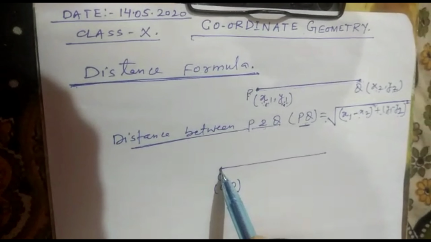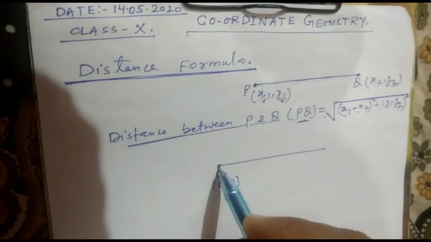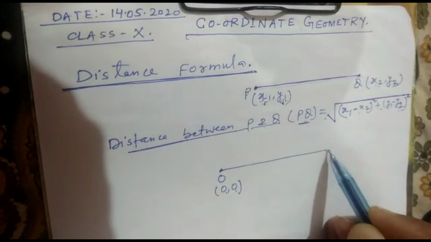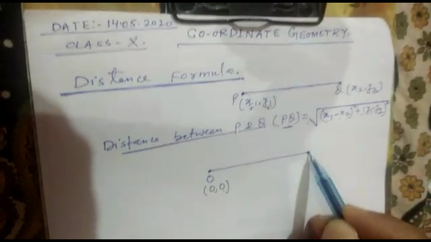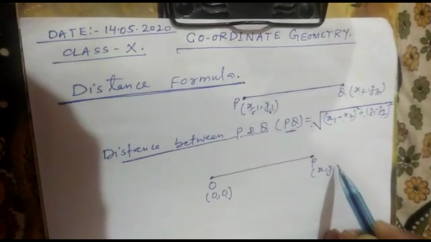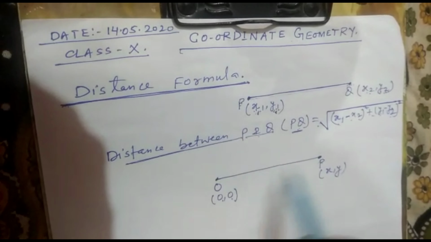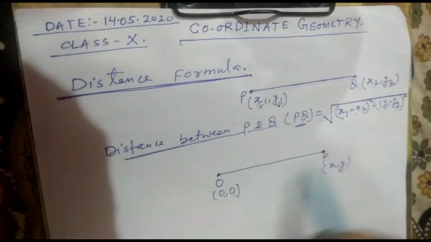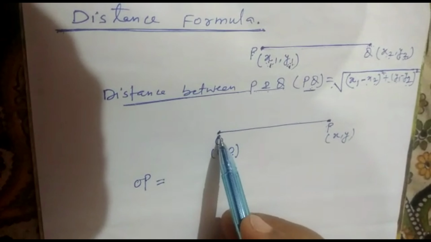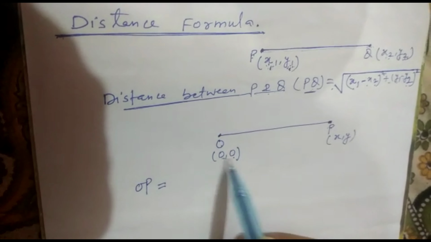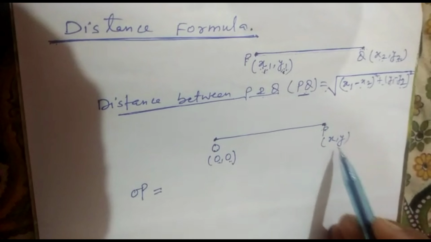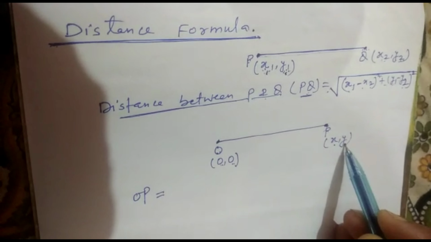Origin is a point where the x axis and y axis intersect and whose coordinates are 0, 0, and the final point is P whose coordinates are x, y. So how will we find the distance from this origin to a particular point? That means, how can you find OP? Here we see that the coordinate of O is 0, 0 because O is the origin and P is another point, the final point, whose coordinates are x, y.